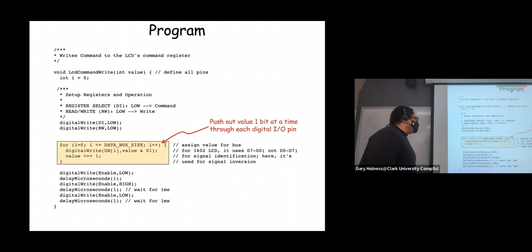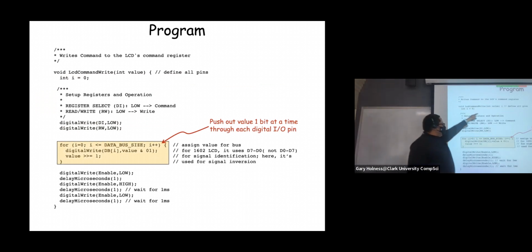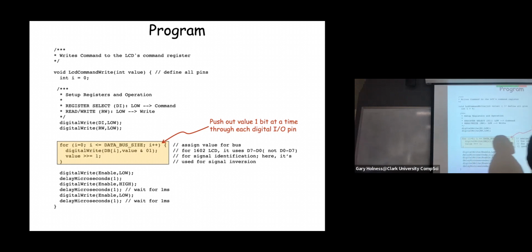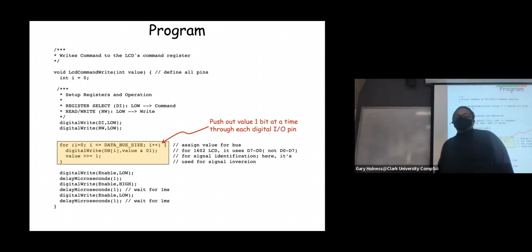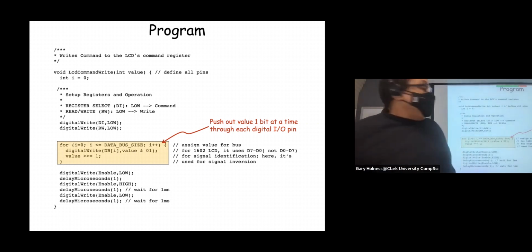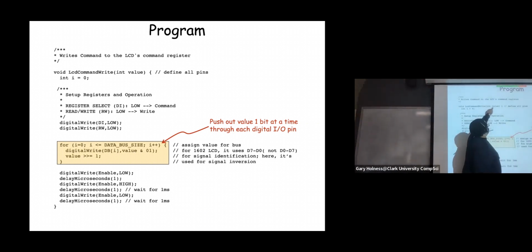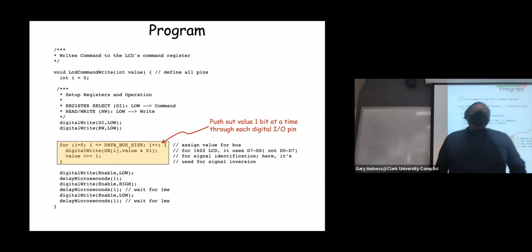So that being the case, now we're going to take the value and push out the least significant bit of this value, one bit at a time, starting at DB0 to DB7. Each time in the loop, we ask: is the least significant bit of the value that I want to send out as a command a 0 or a 1?